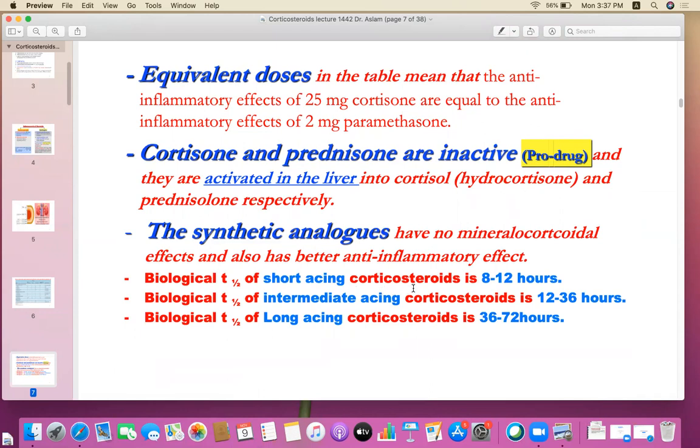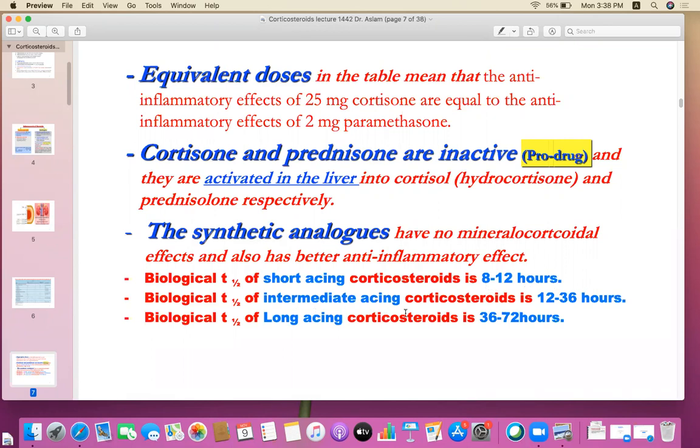This is the biological half-life, and as you know, what is the biological half-life? Half-life means the time required to eliminate 50% of the drug from the body. For the short acting corticosteroid, the time required to eliminate 50% of the drug from the body is 8 to 12 hours.